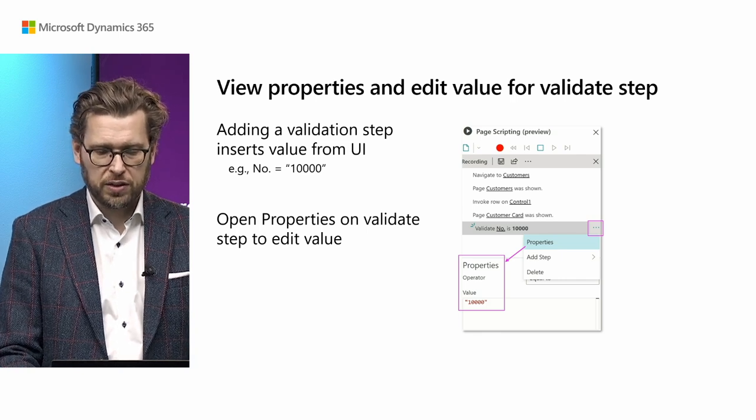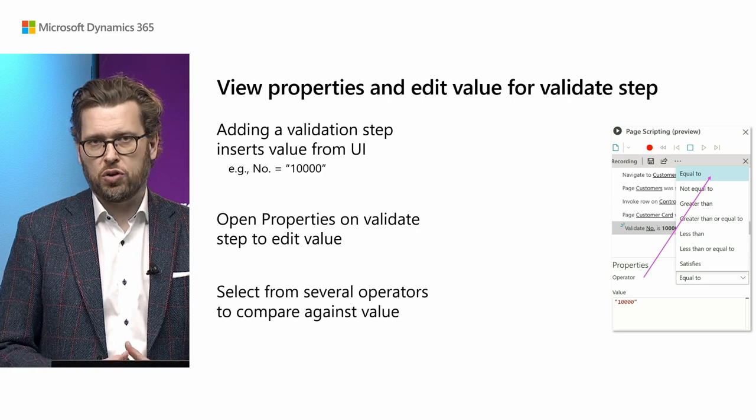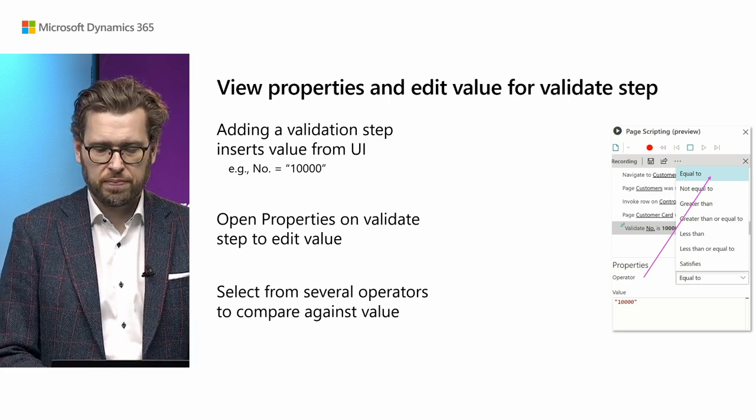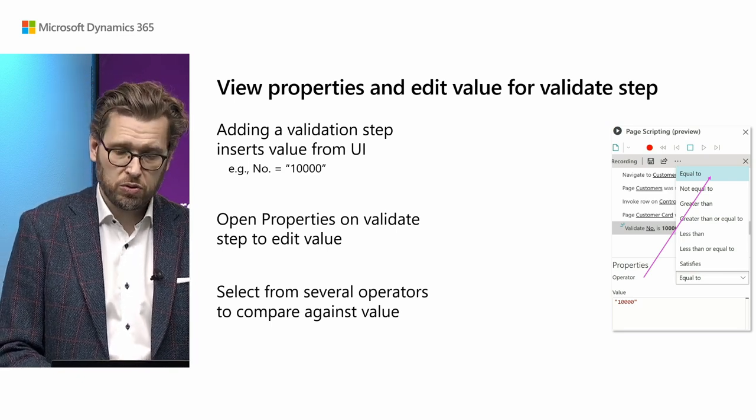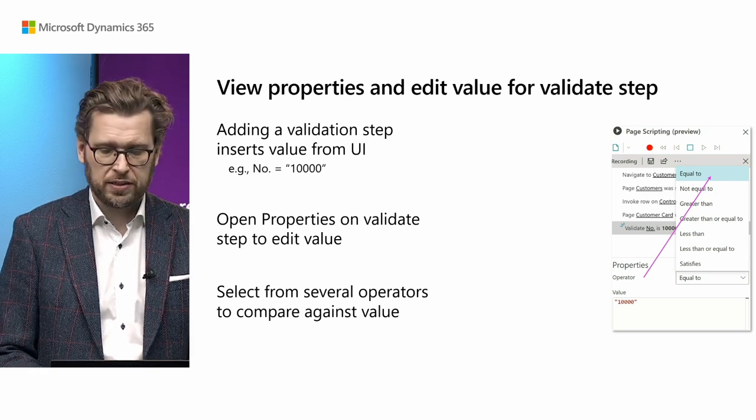Again, you can see 10,000 here. You even have the choice between several operators, so you can, for instance, compare so that the value is equal to, or greater than, or less than, etc.